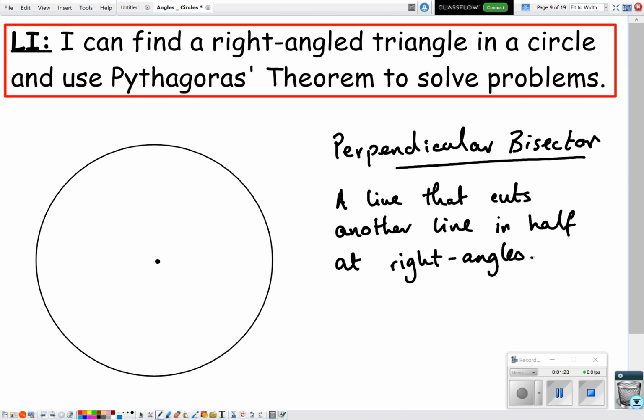If you think about it, the word perpendicular means to meet at right angles, bisect means to cut in half, so the perpendicular bisector would mean a line that cuts another line in half at right angles.